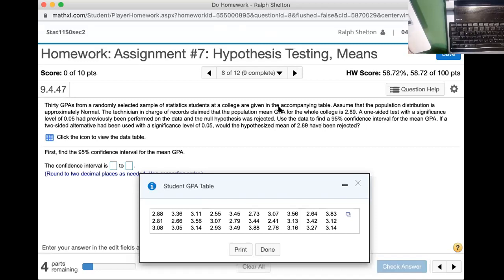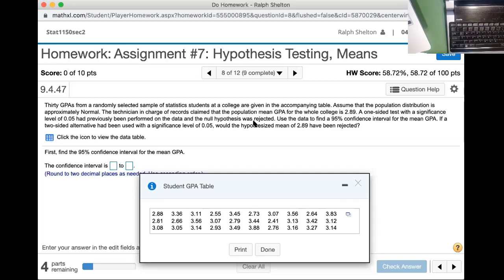Our claimed null value for the population mean was supposed to be 2.89. It says a one-sided test with significance level 0.05 had been performed and the null hypothesis was rejected. So we know that our Z star was bigger than 1.6449.